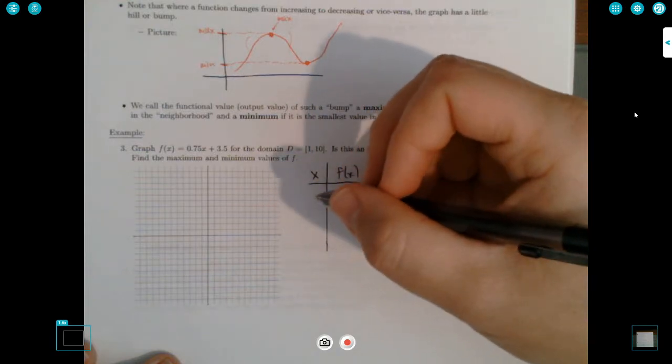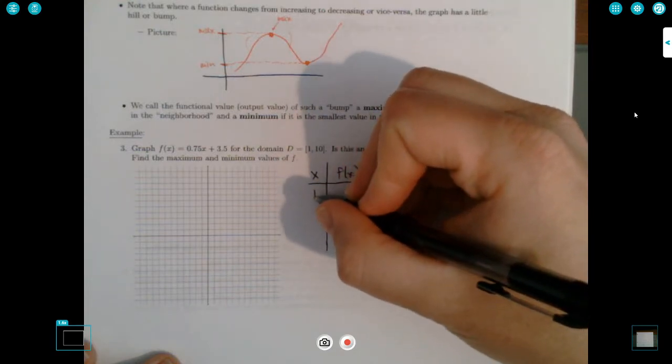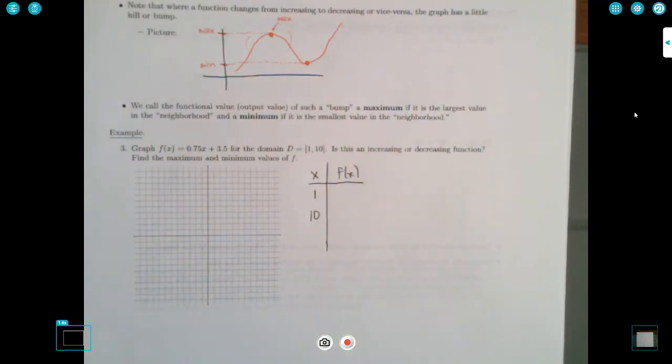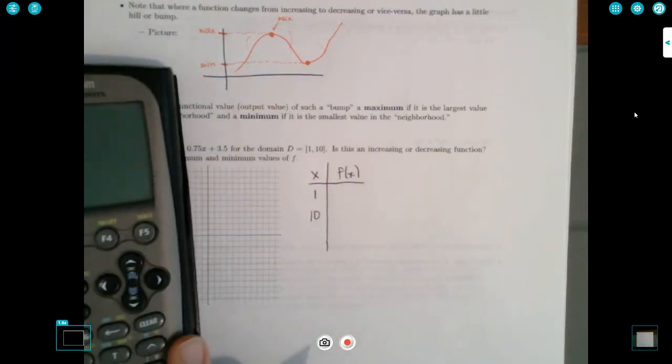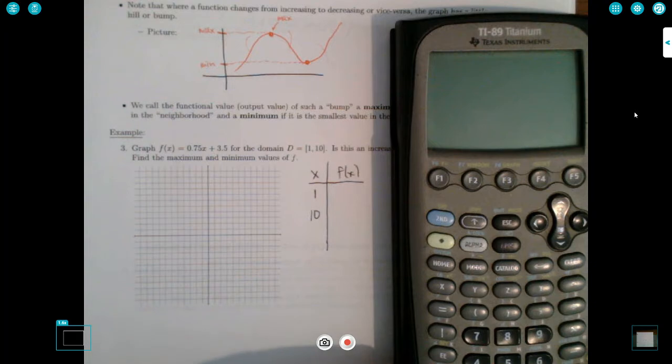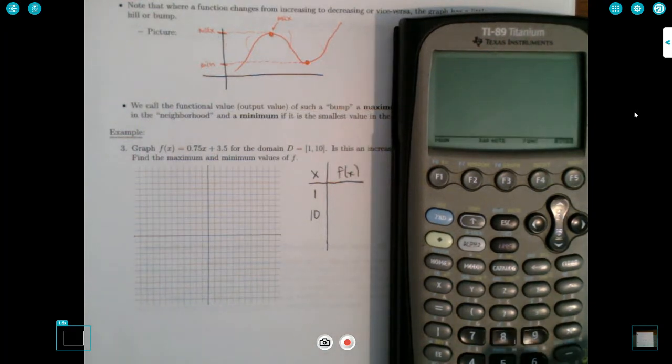So for x, I'm going to plug in 1, and I'm going to plug in 10. And if I need to come back and fill in some details, then I'll do that. But now let's see what f of x is when x equals 1.